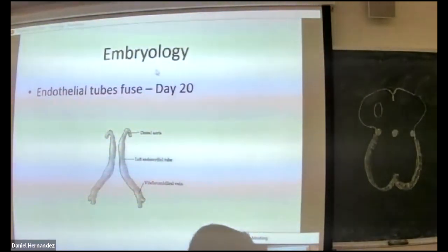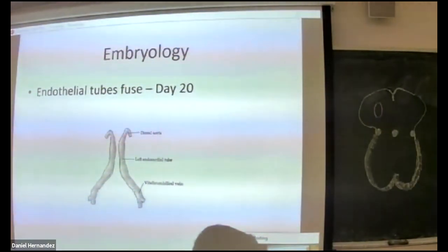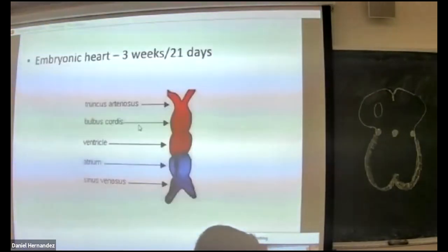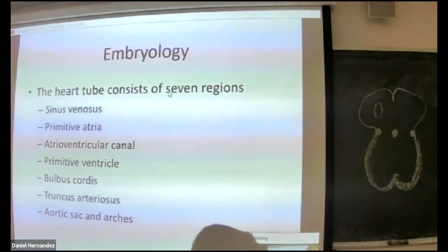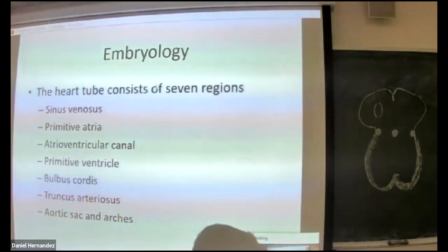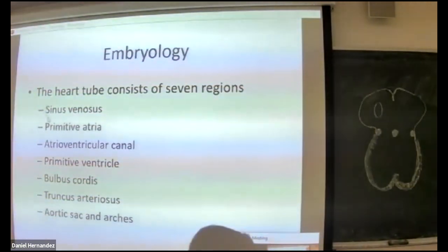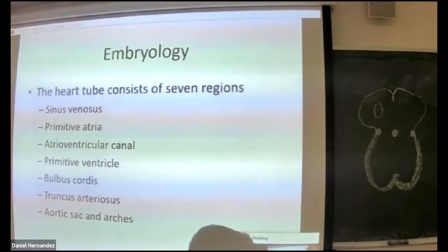This shows the endothelial tubes. These tubes will come together and fuse at day 20. The heart tube will then consist of 7 regions. There'll be the sinus venosus, which is going to be the venous portion of the heart.